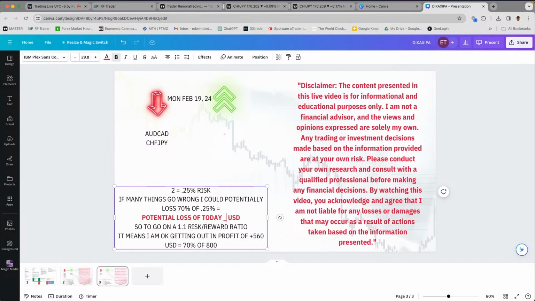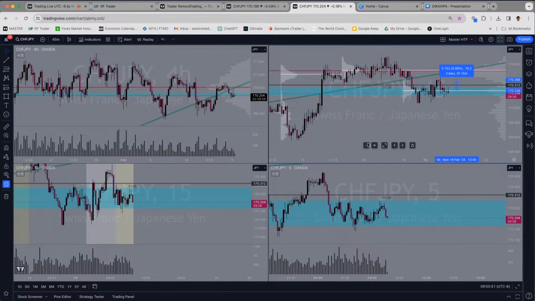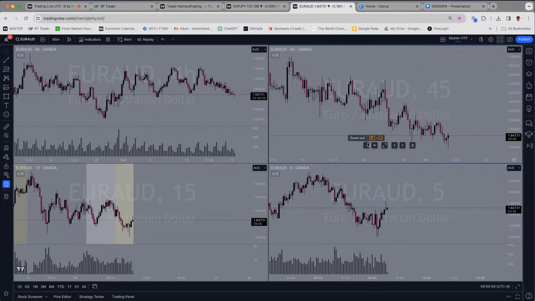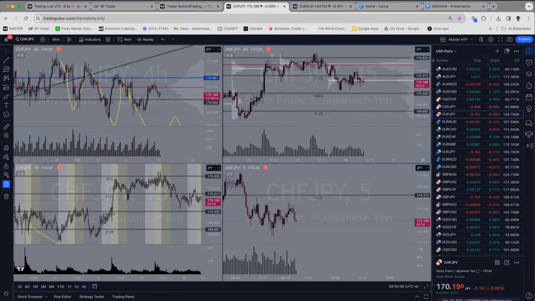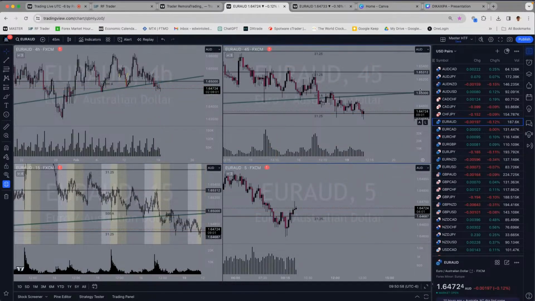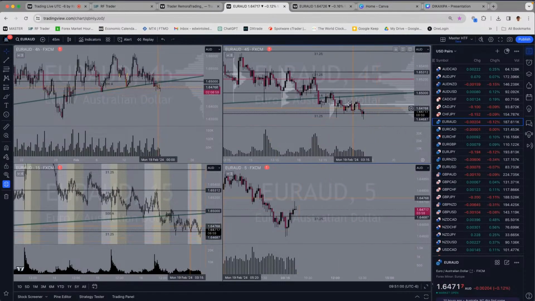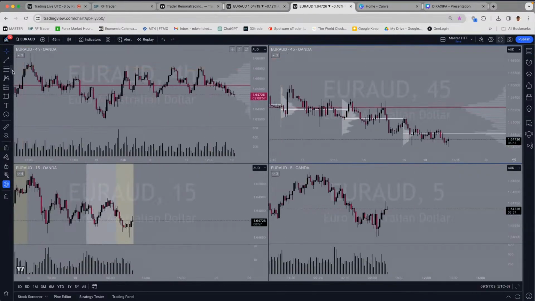I don't know how much we can lose. Of course, this we don't know yet. And let's just wait for that. So let's just keep looking, right? Euro AUD 1.64687.